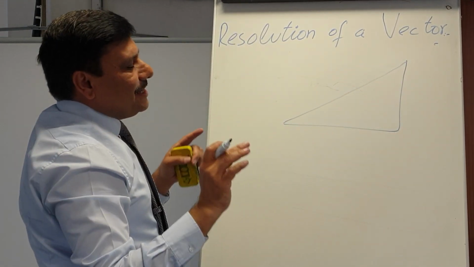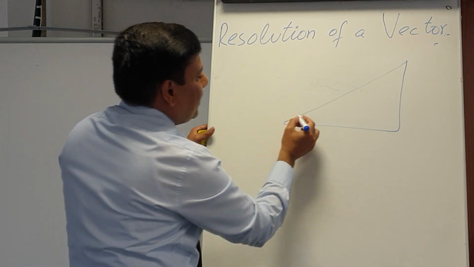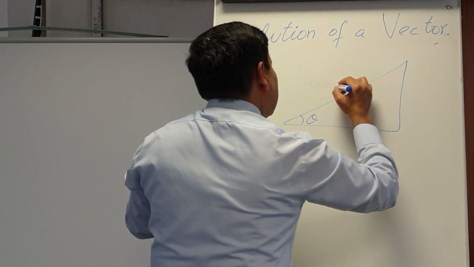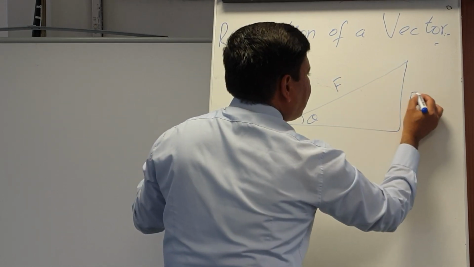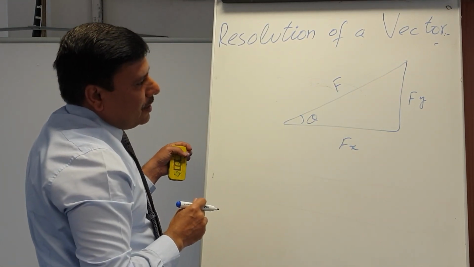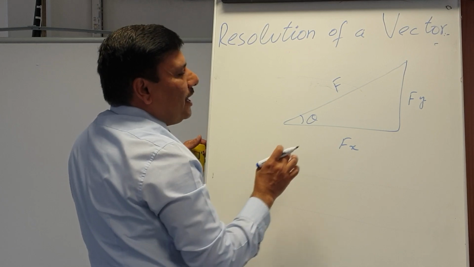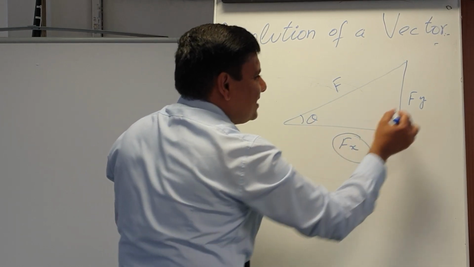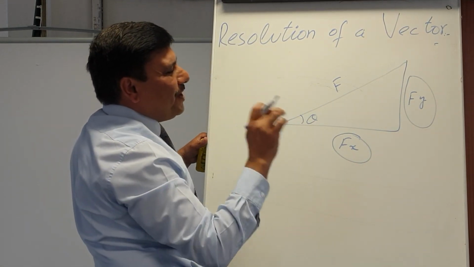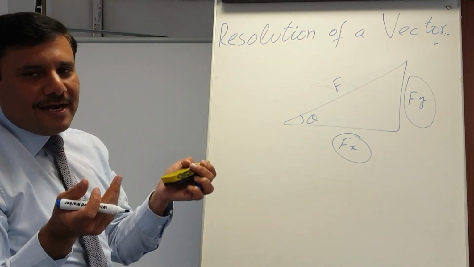First of all, I will simply ignore the vectors, ignore the directions. So this is theta, and I can say here it is f, it is fy, and this is fx. So it is a right angle triangle. If you know the base, if you know the value of perpendicular, then you would be able to determine the value of hypotenuse. So how can you do that?